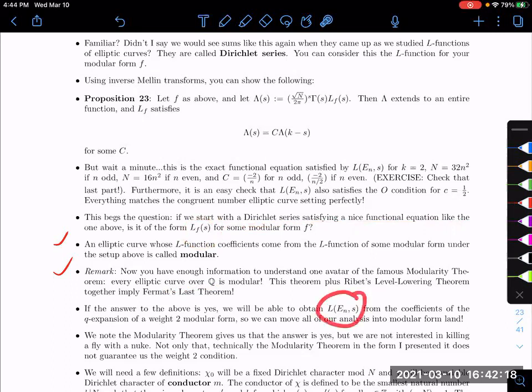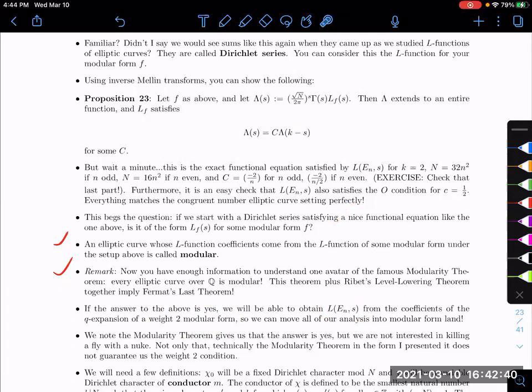That implies that the L function of my congruent number elliptic curves, which is itself a Dirichlet series with a nice functional equation with k equal 2, its coefficients must be the coefficients of the Q expansion of some weight 2 modular form, if the answer to this is yes.